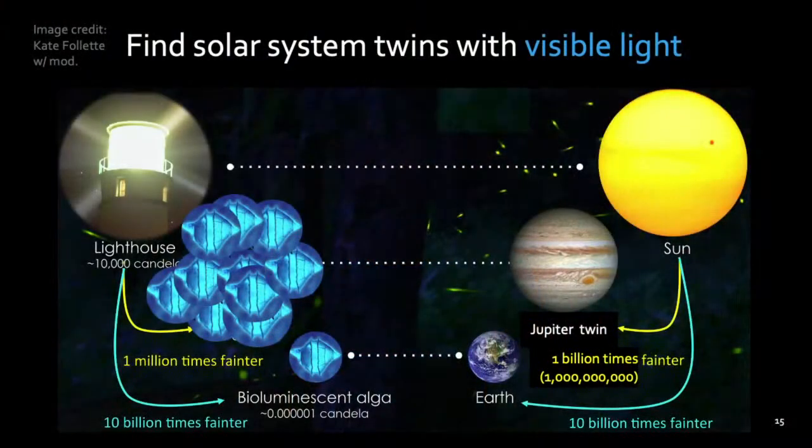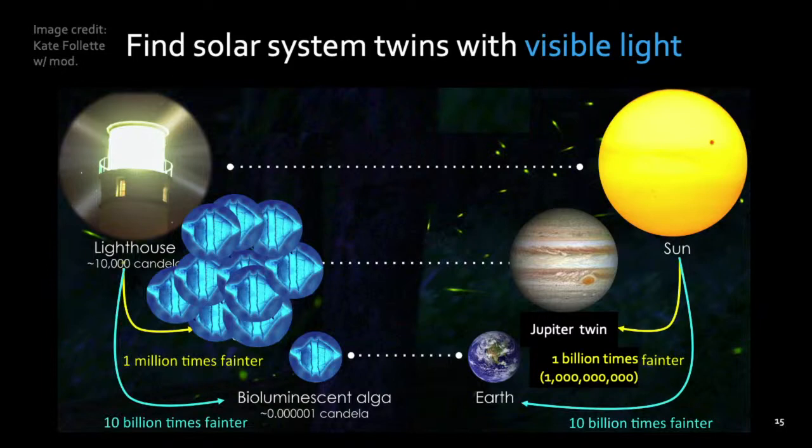So on slide 15, let's work through the same brightness ratio numbers, but for Jupiter or for Earth. So remember how I'd said before, we were looking at young systems that were hot enough to glow in the infrared. Well, our own Jupiter and even our own Earth are really too cold to glow very brightly in the infrared.